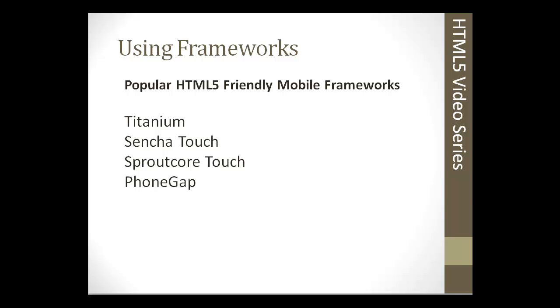It's a little more complicated than the other three, but I have used it, and it is preferable if you're building hybrid apps with both HTML5 and a native wrapper.